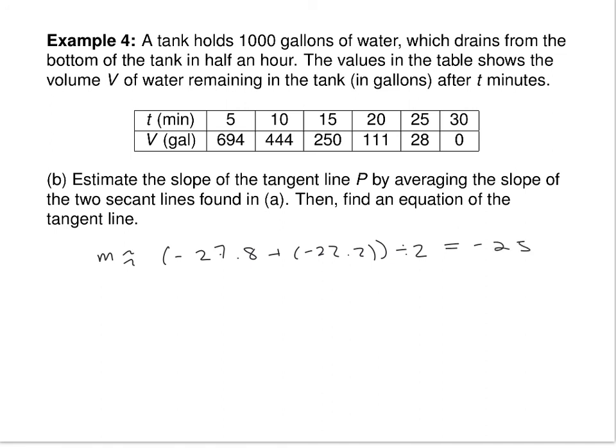So then the equation, because we're using the point (15, 250) as our fixed point, is y minus 250 equals minus 25 times x minus 15. We're just going to leave it like that, but that would estimate how quickly the water's leaving the tank at 15 minutes. So, okay, that's it. It would have been better to use 10 and 20, but maybe it was my typo that did that.